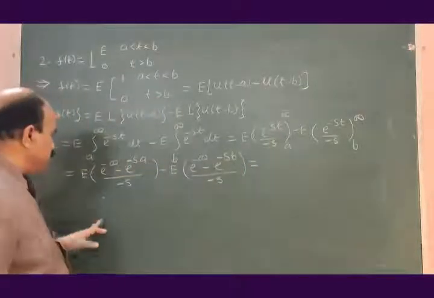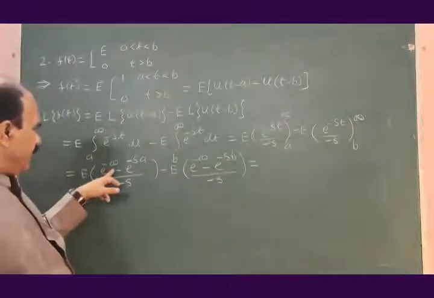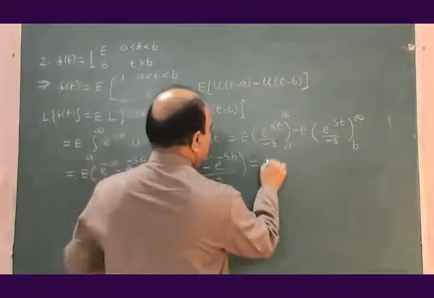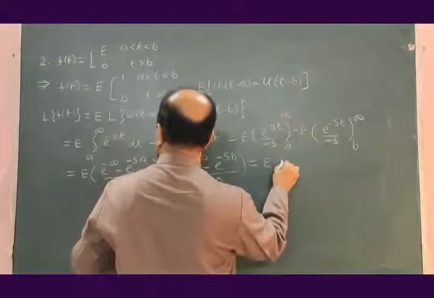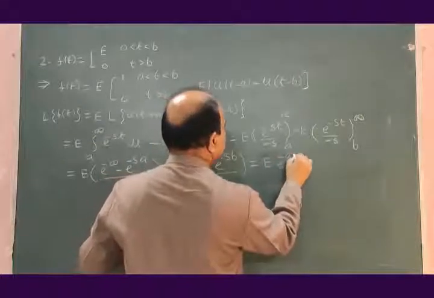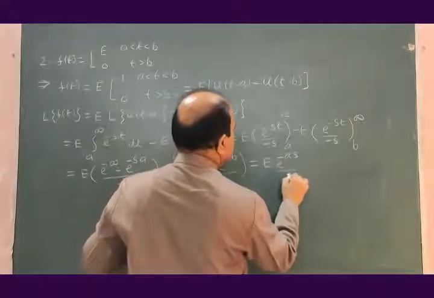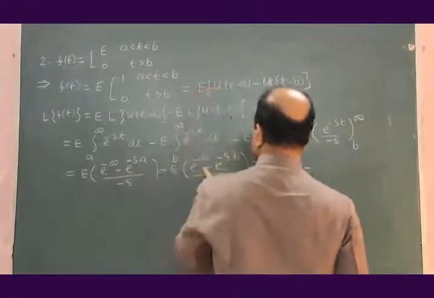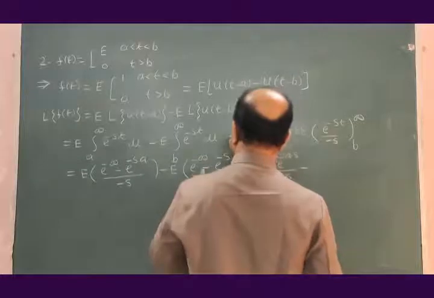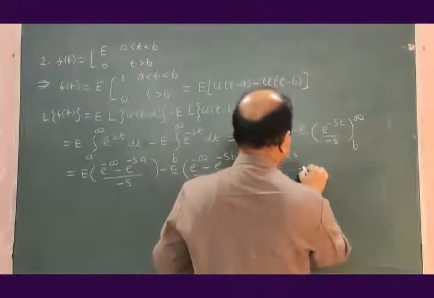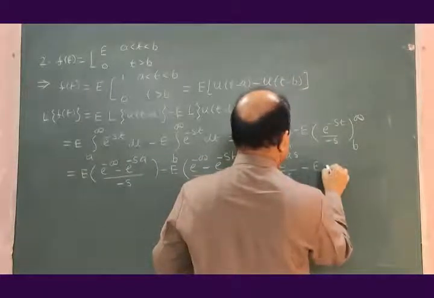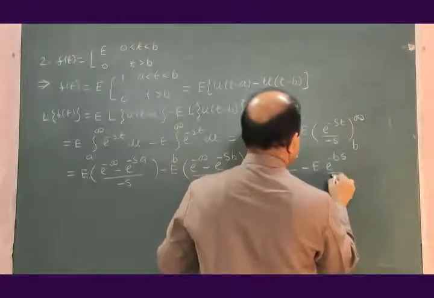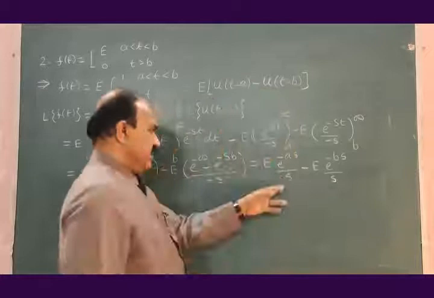This is 0, minus minus will become plus, so it is e into e to the power minus as divided by s, minus e times e to the power minus bs divided by s.